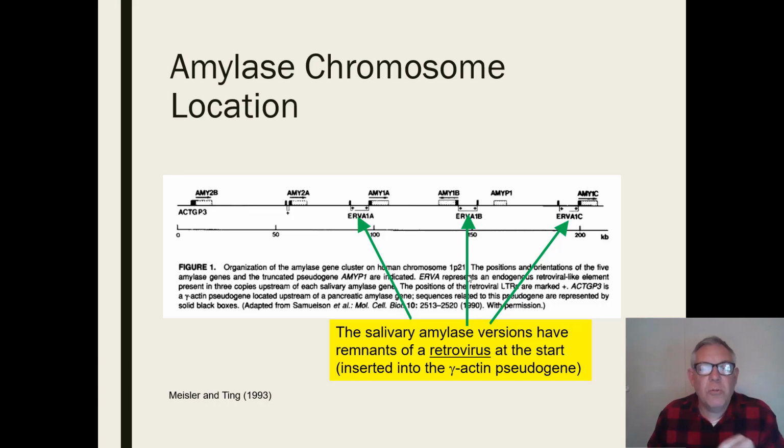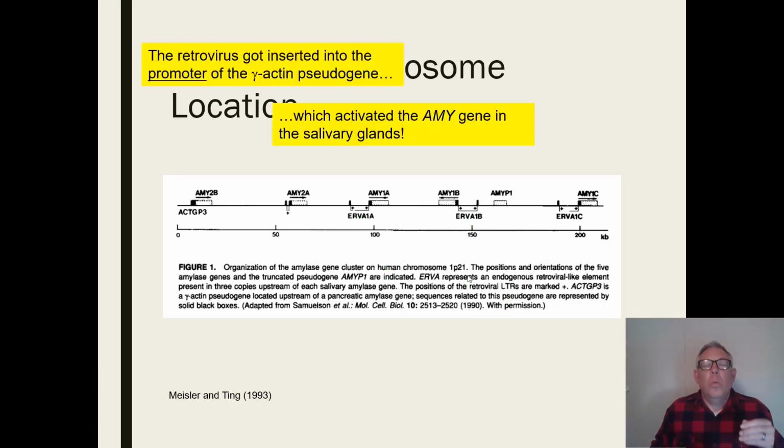Well, this retrovirus DNA is right smack dab in the middle of that pseudogene. And so what that did is that retrovirus got inserted into the promoter of that pseudogene. So that pseudogene had a promoter. The promoter wasn't working. That's why it was a pseudogene. It's a gene with a promoter, but the promoter doesn't work, so it's kind of sitting there.